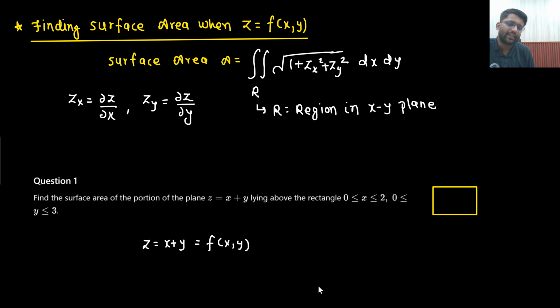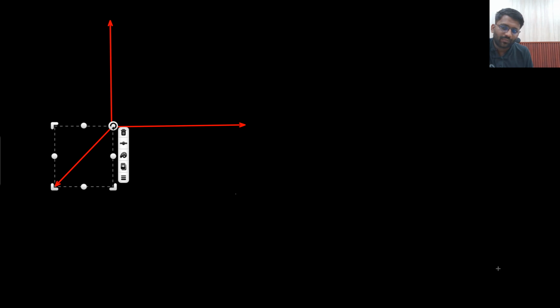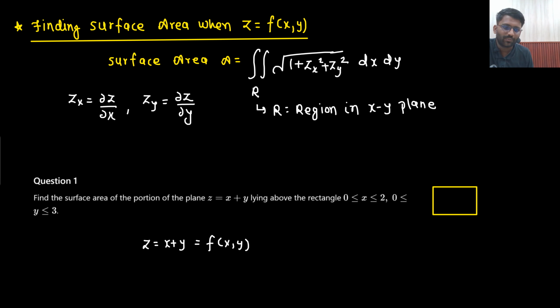So what this question is saying is that you need to find the surface area of the portion of the plane z equals x plus y lying above the rectangle, x going from 0 to 2, y going from 0 to 3. So there is a 3D coordinate system where x is going from 0 to 2 and y is going from 0 to 3.